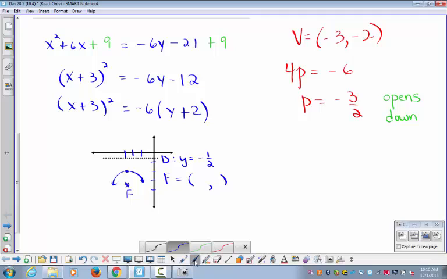Negative 3 for x. It's on the same vertical line as the vertex. So negative 3 certainly. And then from the vertex right there, we're at negative 2, and we've got to go down 1.5, so minus 3.5, so negative 7/2. That would be our y coordinate.